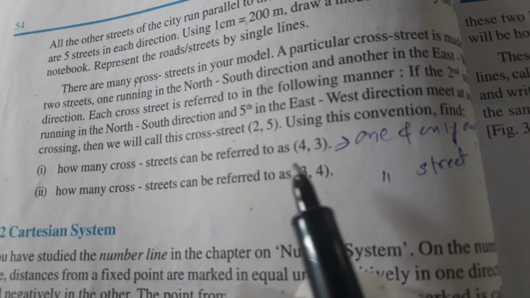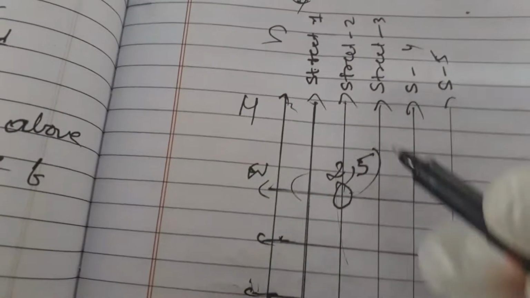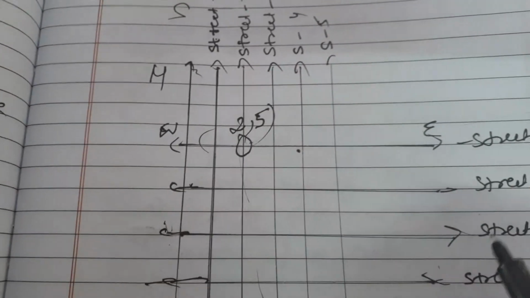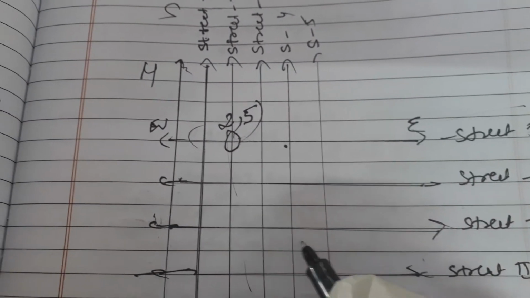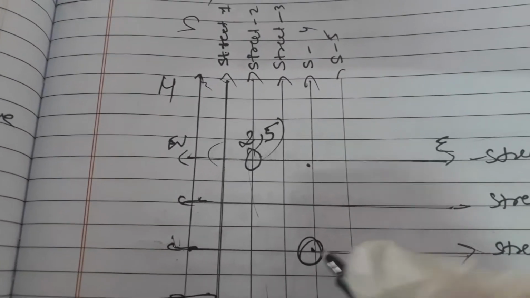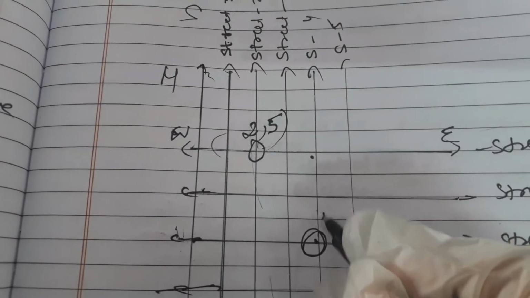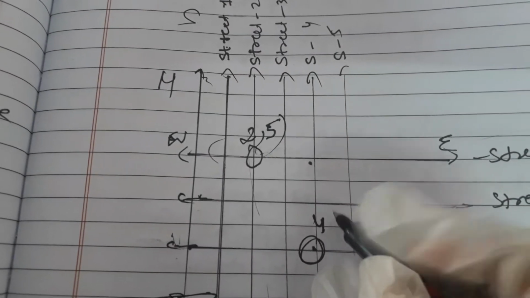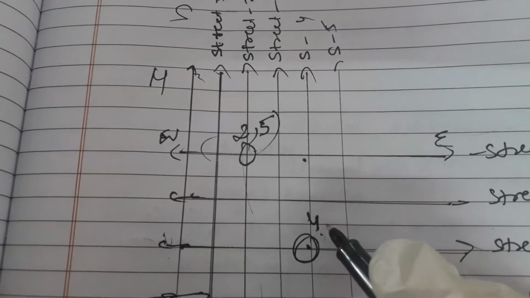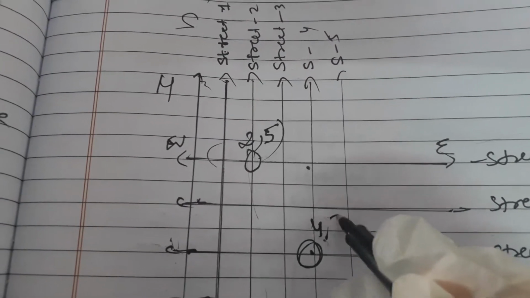Second one: how many streets can be referred to as 4 and 3? So 4 in north-south direction and 3 in east-west direction. This is the third one. Okay, 4 and 3. So how many? Only one unique point is there. This is street number 4 in north-south direction, and this is street number 3.